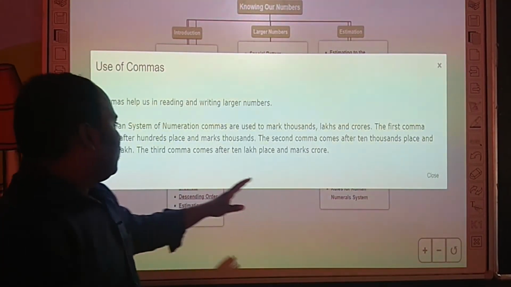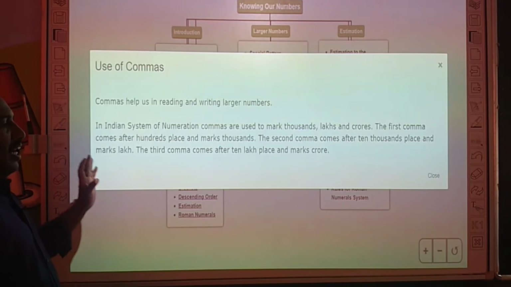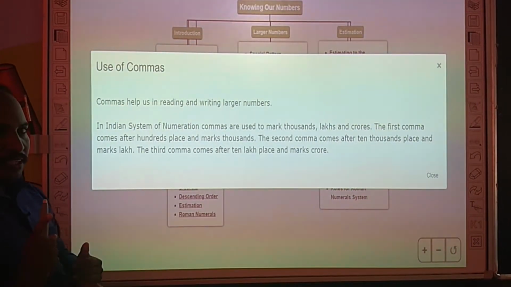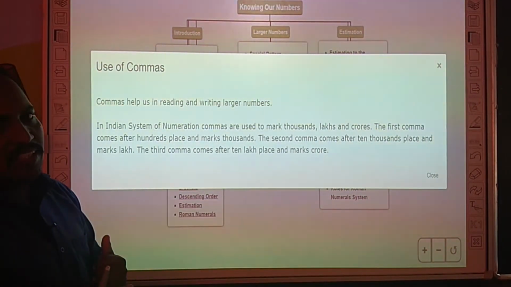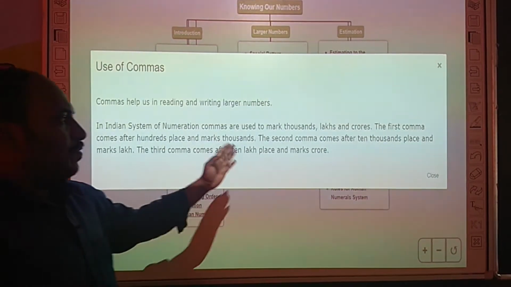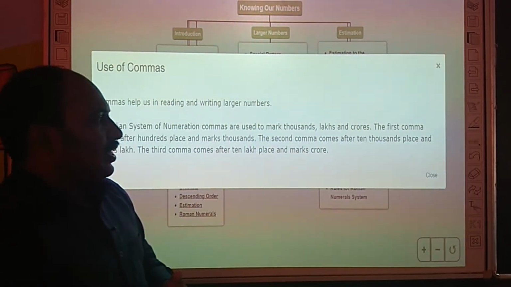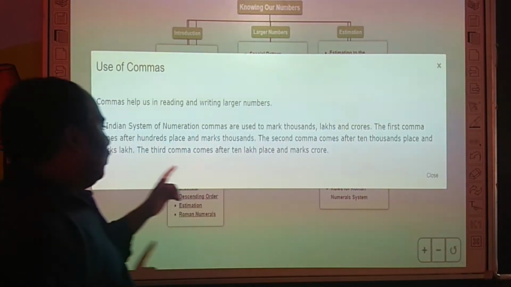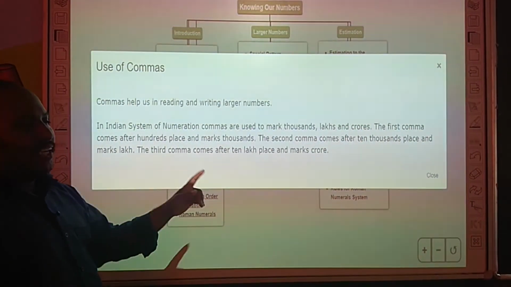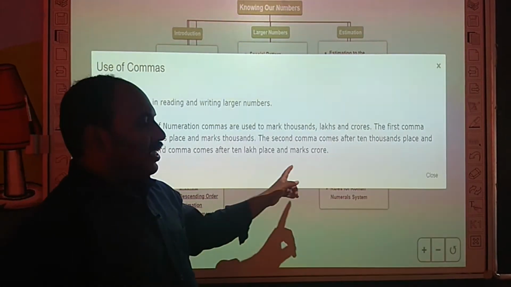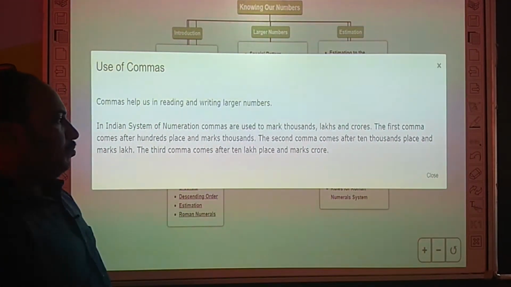The first comma comes after hundreds. Then the second comma comes after ten thousands, the third comma is after lakhs, and then the last one, crore.